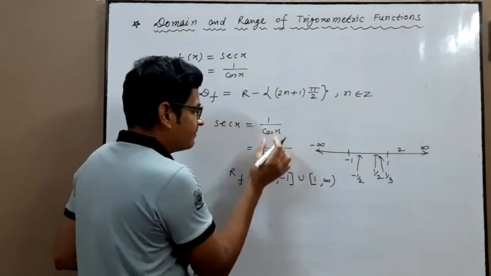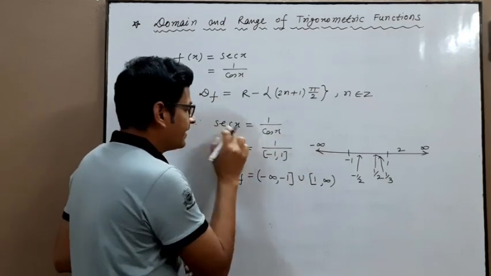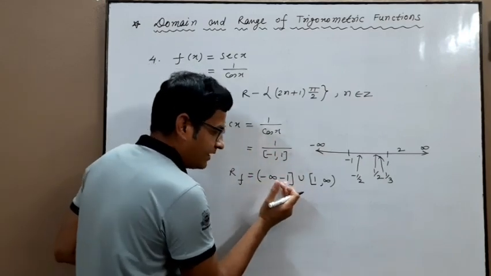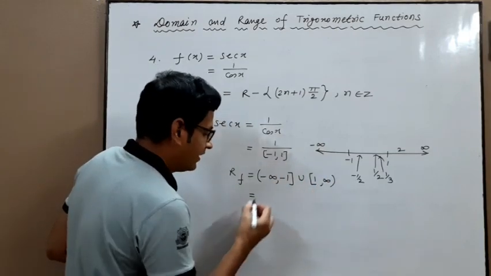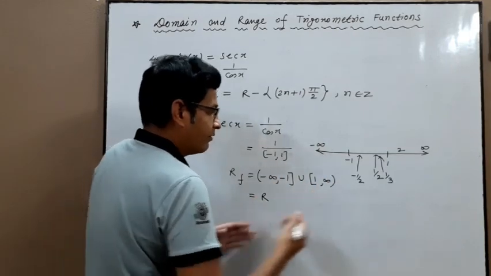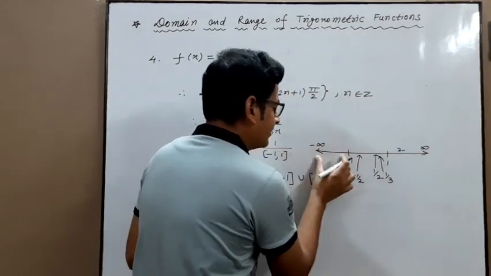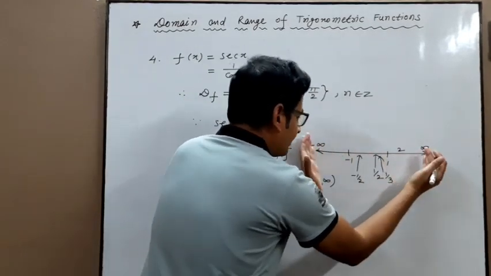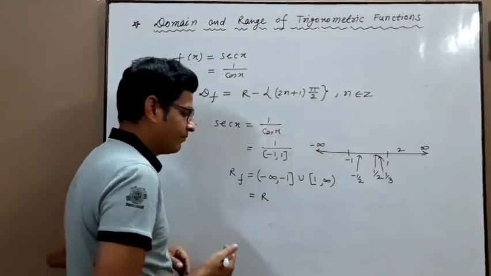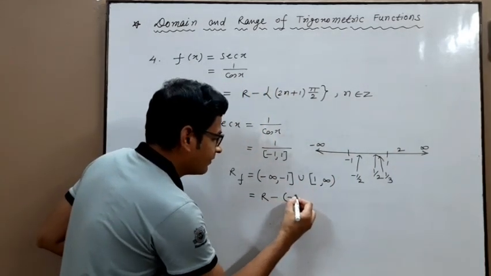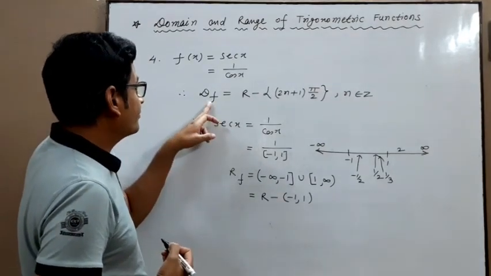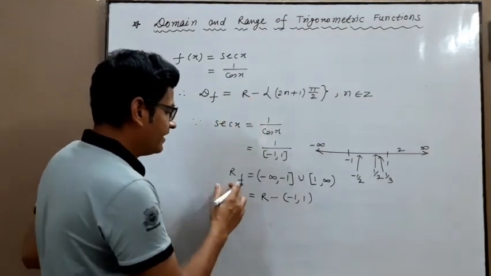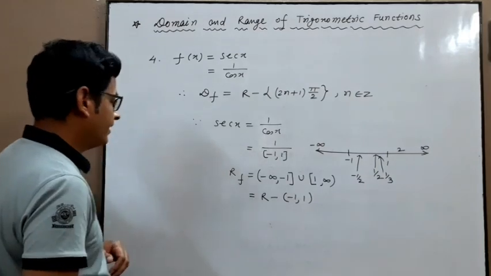So cos x lies between minus 1 and 1, then sec x lies between minus infinity to minus 1 union 1 to infinity. We can also write it this way: the set of real numbers minus this portion. So we can write R minus (-1, 1).